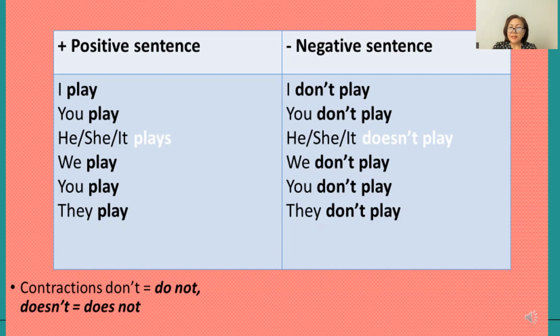In negative sentences, we use not, and also contractions: don't, do not, doesn't, does not. For example, I don't play. You don't play. He, she, it doesn't play. We don't play. You don't play.